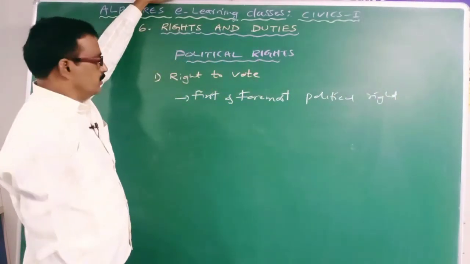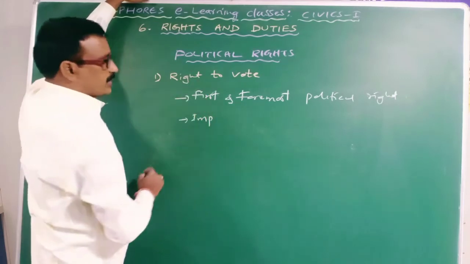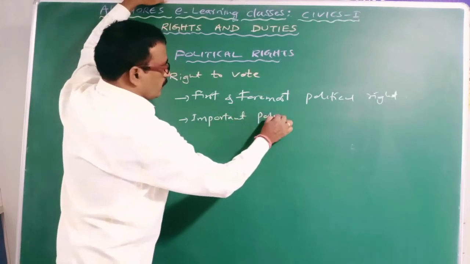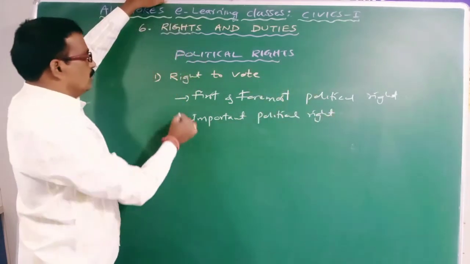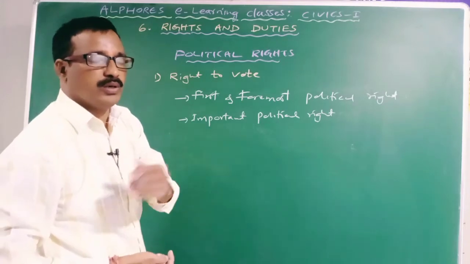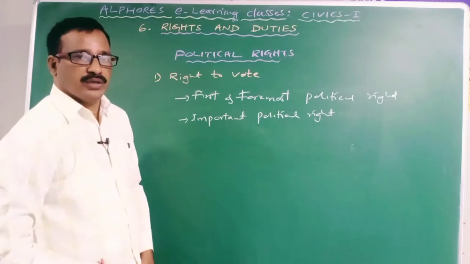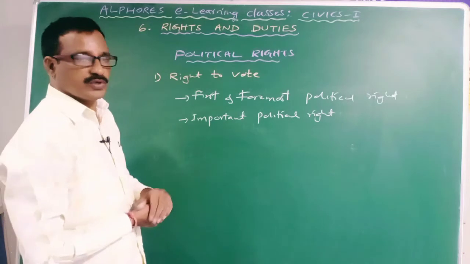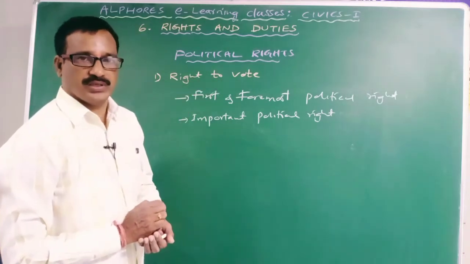And it is the most important political right of the individuals. Because through the right to vote, the citizens first take part in the political affairs of the state. Without the right to vote, they are not entering into the political affairs of the state.